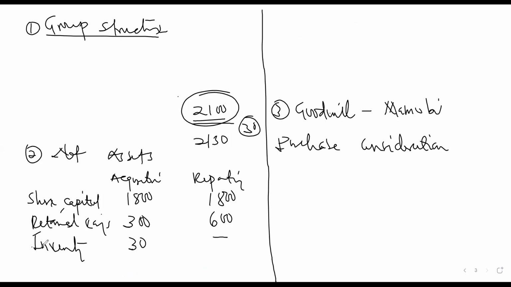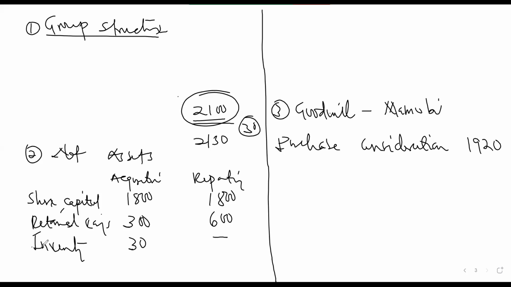It is 1,920. Though the question hasn't mentioned it, that is the investment in Mamobi. So that is the value that the parent has paid for the shares.